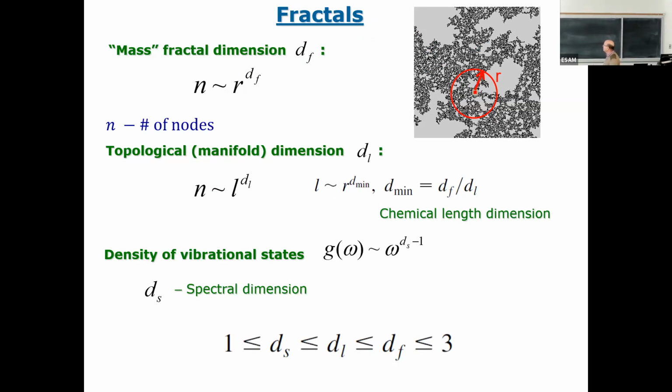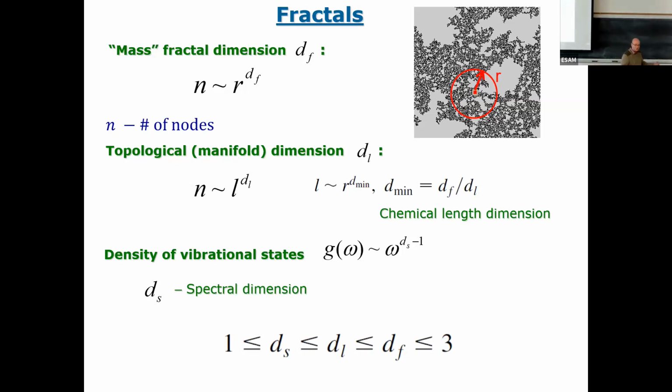So the idea of fractals is, let's say you look at mass enclosed in concentric spheres of increasing radius. If the distribution of mass is uniform, in 3D it should go like R to the 3, the number of particles.